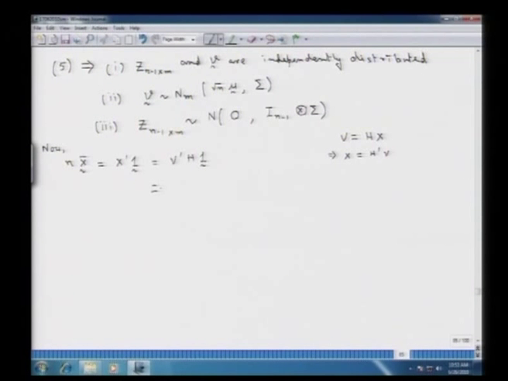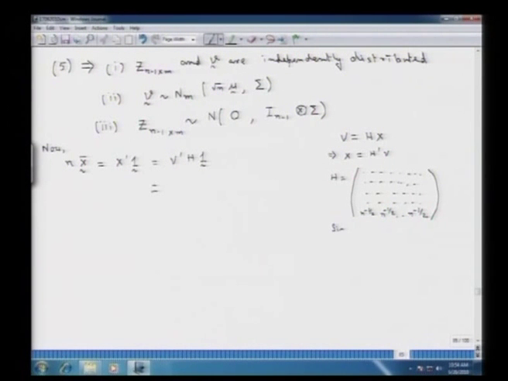Now, we have already noted the structure of H, let us recall that also. We had said that H is an orthogonal matrix such that the first n minus 1 rows, whatever they are, have to be orthogonal to the nth row, which has this special form that all the entries in that nth row are n to the power minus half.